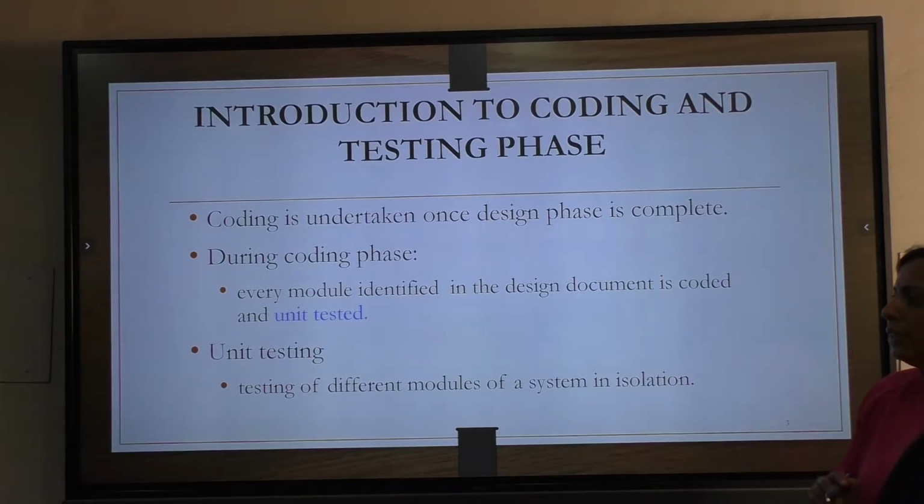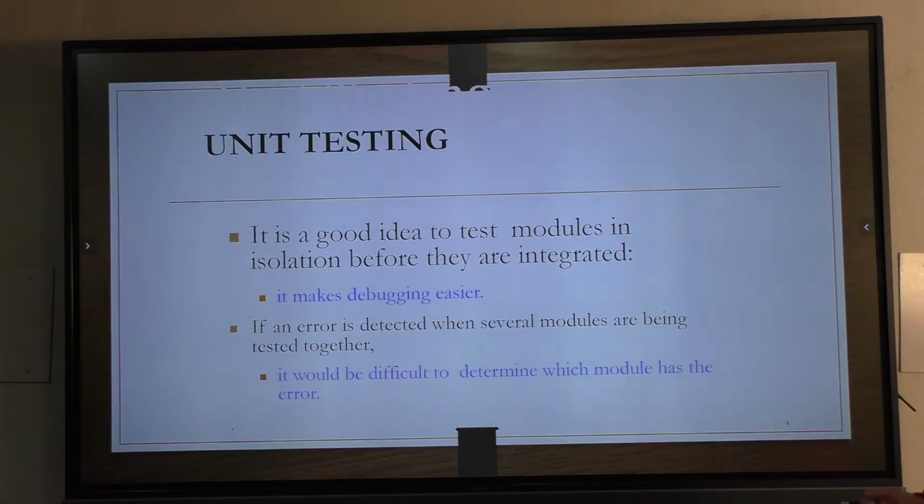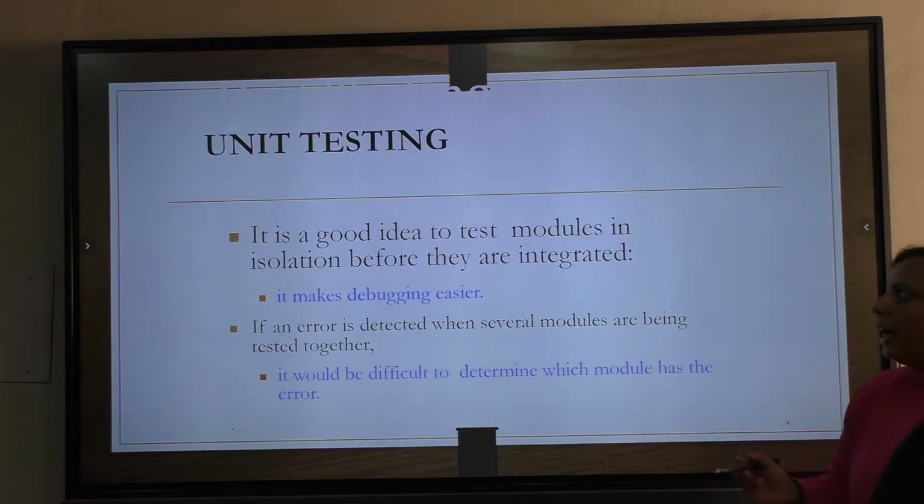Unit testing means testing of different modules of a system in isolation. Means each module is tested individually. That is unit testing. It is a good idea to test a module in isolation before they are integrated. Why should we test the unit individually?